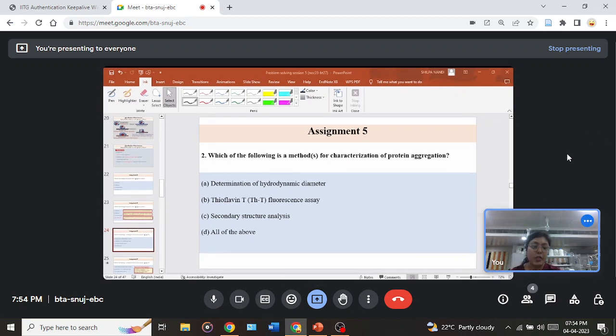So our second question is, which of the following is a method or methods for characterization of protein aggregation? Your options here are A, determination of hydrodynamic diameter, B, thioflavin T fluorescence assay, C, secondary structure analysis, and D is all of the above.